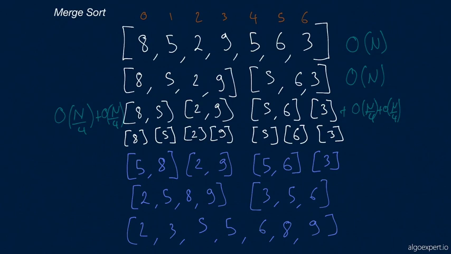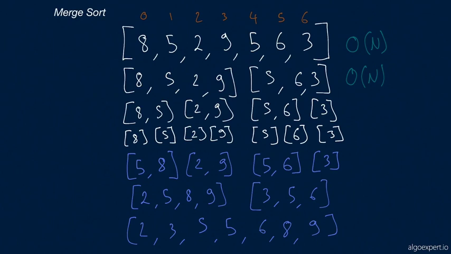In other words, we've got 4 subarrays that are each going to take O of n divided by 4 to divide into further subarrays and then remerge those into one, without counting the time it takes to recursively call merge sort on them.